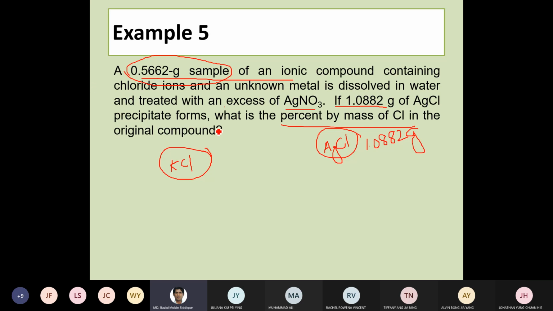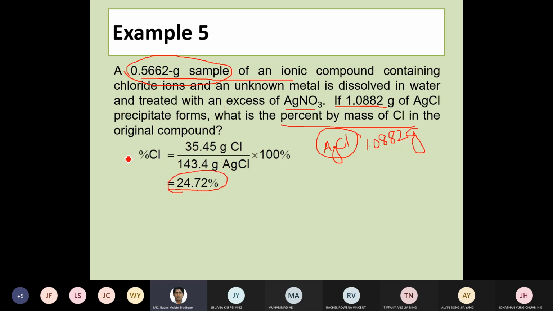So percentage by mass, if we want to know the percentage, I have to know the percent of chlorine there first, isn't it? Only then I will find the percentage by mass of chlorine. So percent of chlorine in silver chloride: silver chloride molecular weight is 143 and chlorine is 35.45 or 35.5.